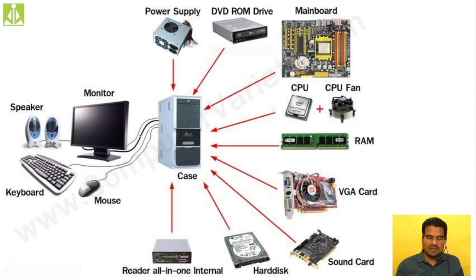This is the actual PC, personal computer, or you can also call it a general purpose computer. Here we have the monitor. Then we have output devices. These two are output devices only, monitor and speaker. If you have a printer, we can also connect that printer to this CPU case. We call this the case of the computer, or sometimes the cabinet of the computer. Keyboard and mouse are input devices, so they are connected by proper means.